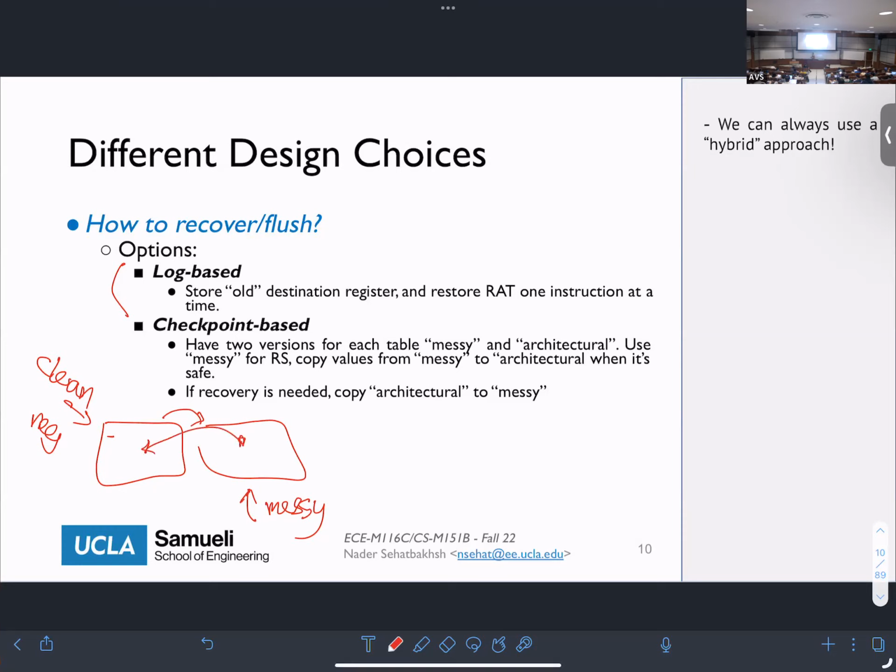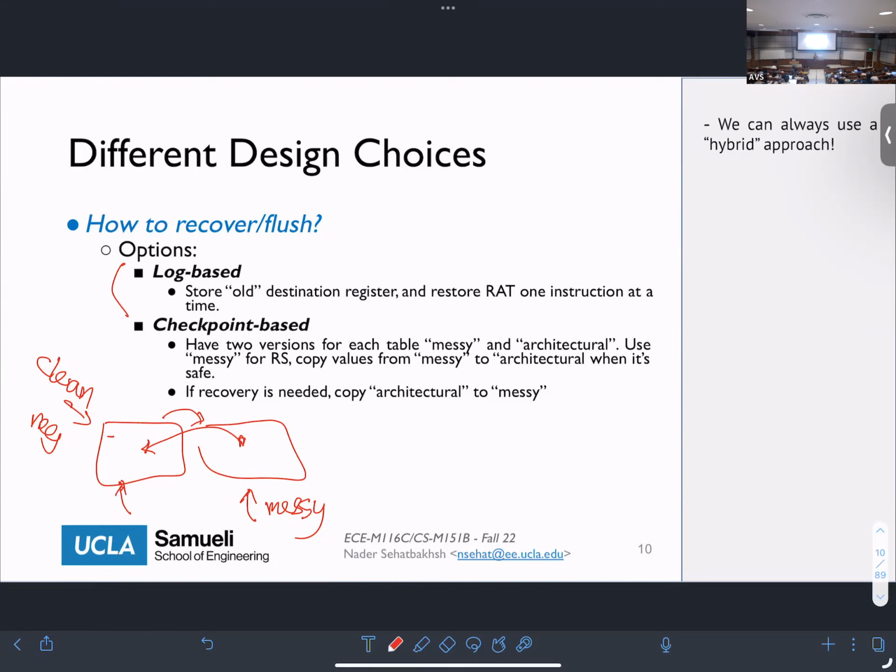So I'm not going to worry about all these things for recovering. I'm just going to keep writing to my messy register file and messy reservation station and so on. And if something happens, I always have my clean checkpoint, and I copy things from my clean to my messy, and nothing bad happens.